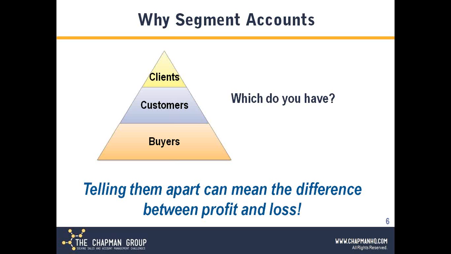One might be a client relationship, one a customer relationship, one a buyer relationship. And telling them apart, understanding the differences, could really mean the difference between being profitable or operating at a loss, especially as it relates to a specific account.